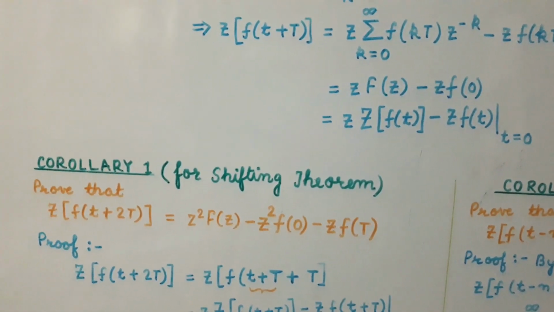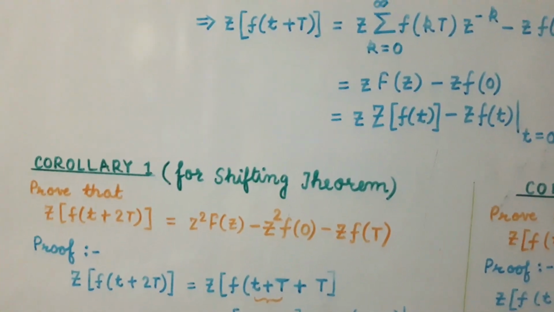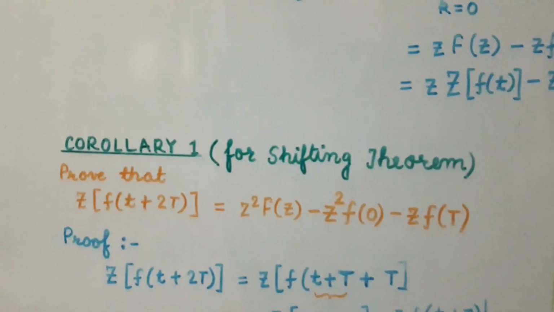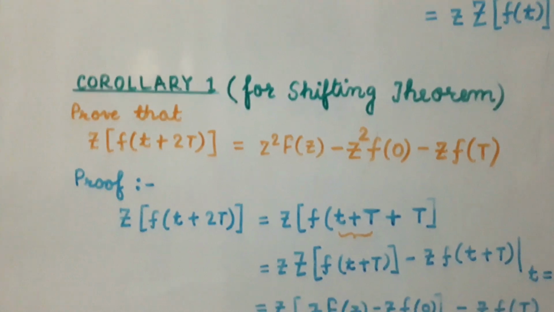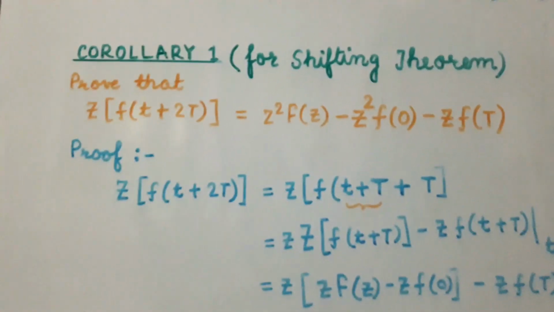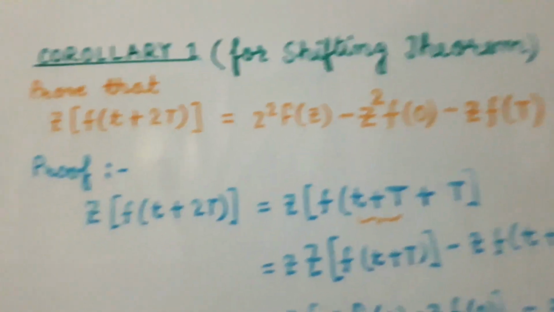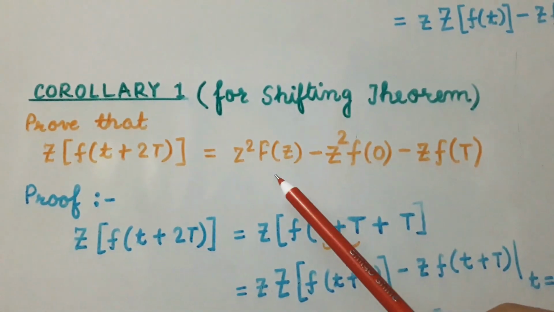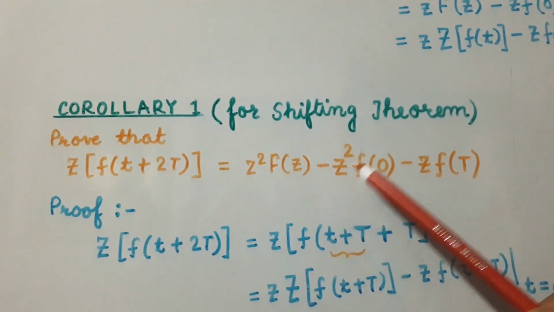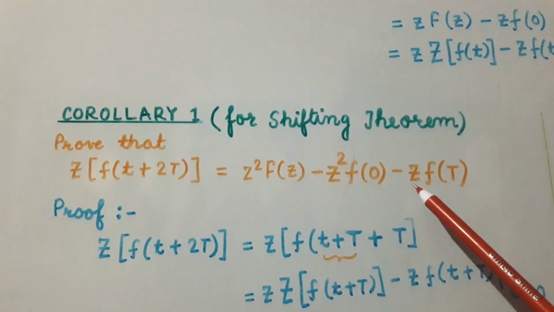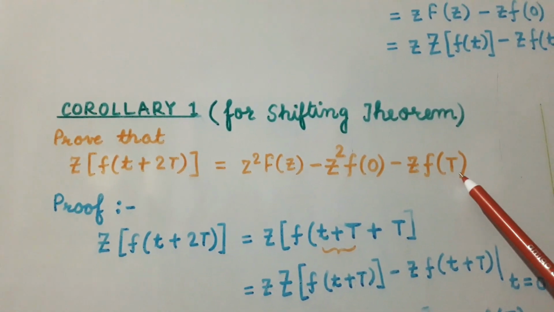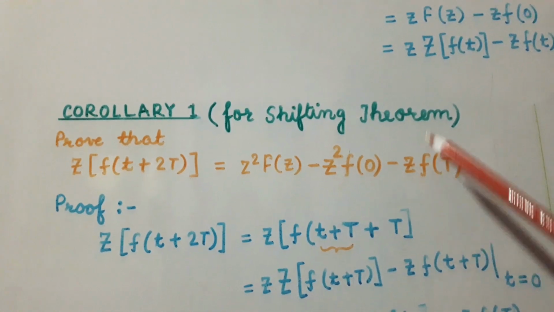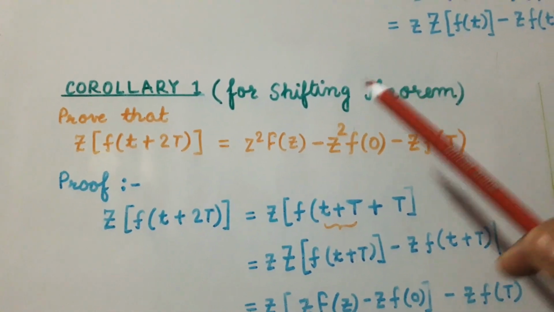The first corollary is that we have to prove that the z transform of f(t+2T) will come out to be z squared F(z) minus z squared f(0) minus z times f(T). To prove this, we will make use of the shifting theorem.